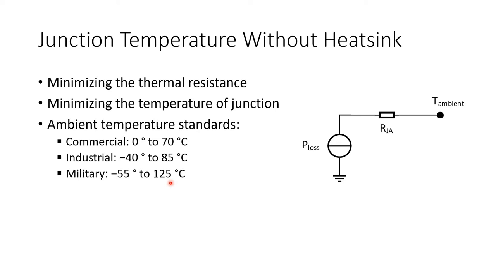What we are trying to do in thermal calculations is to minimize this thermal resistance, because if we minimize the thermal resistance, the junction temperature will be the same as the ambient temperature, so our switching device can operate without any problem.